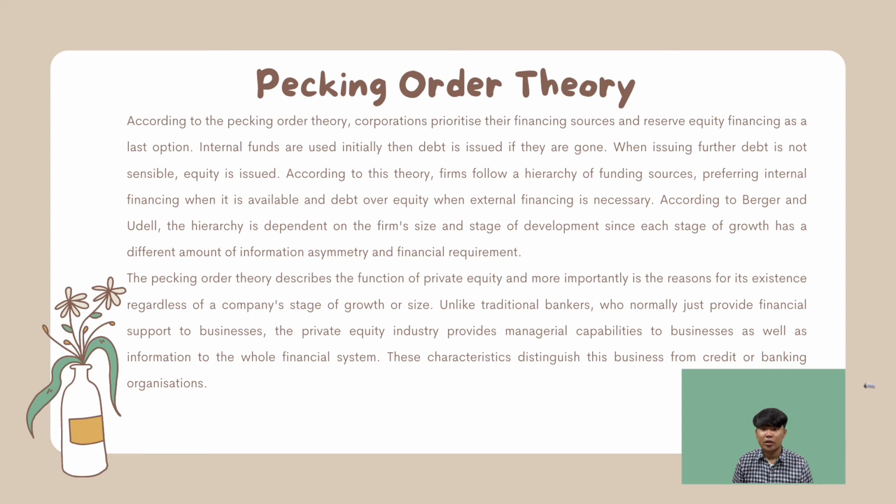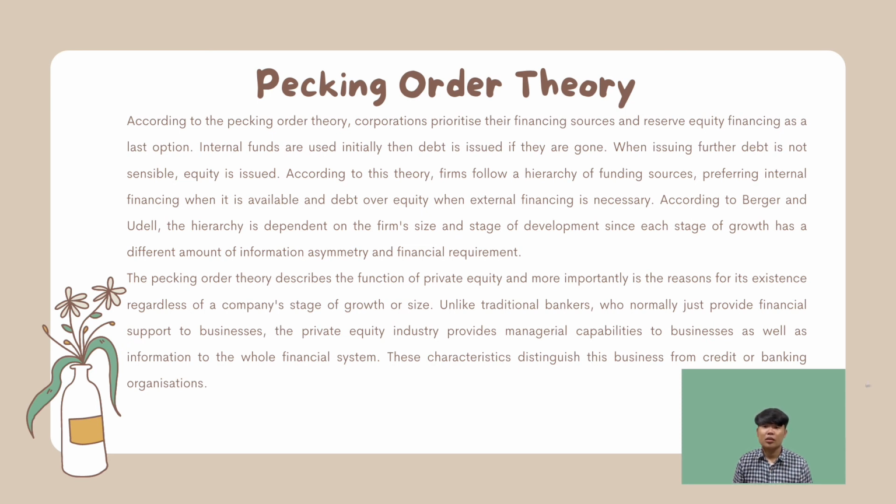According to Berger and Udell, the hierarchy is dependent on the firm's size and stage of development, since each stage of growth has a different amount of information asymmetry and financial requirement. The pecking order theory describes the function of private equity and, more importantly, the reason for its existence regardless of a company's stage of growth or size.